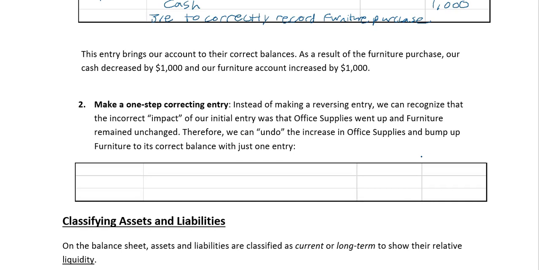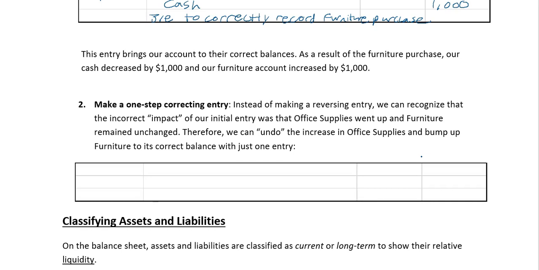So looking at the one-step correcting entry, if we look at our first entry, we note that the cash credit was done correctly. The incorrect part of that entry was the office supplies debit. So we know that office supplies should now go down and furniture should go up.